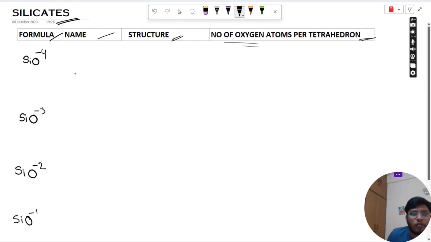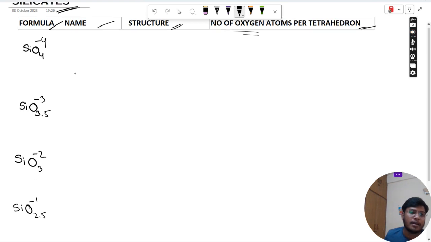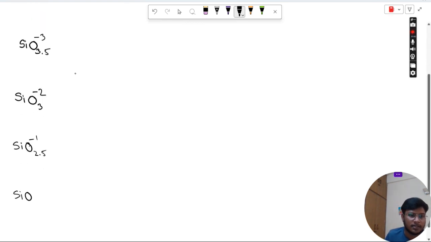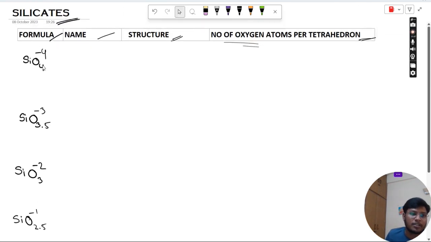And the number of oxygen atoms starts at 4 and decreases by 0.5: 4, 3.5, 3, 2.5, and 2. Like this way the formulas will exist.